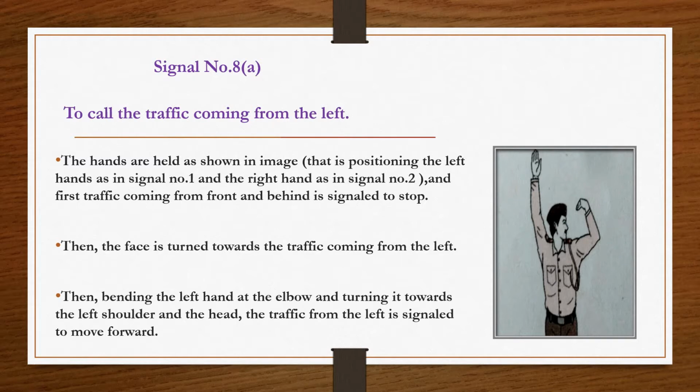First, the traffic coming from front and behind is signaled to stop. Then the face is turned towards the traffic coming from the left. Then, bending the left hand at the elbow and turning it towards the left shoulder and the head, the traffic from the left is signaled to move forward.